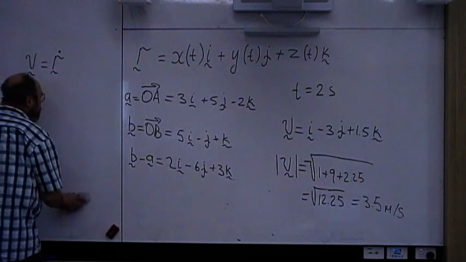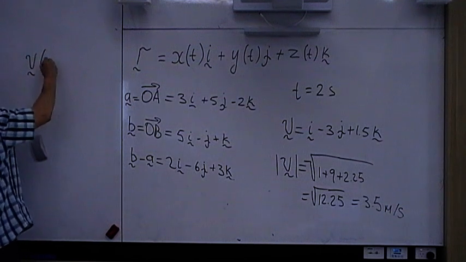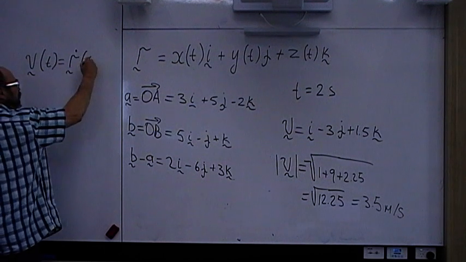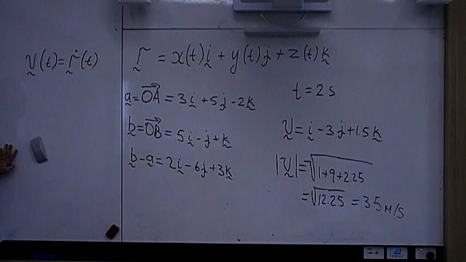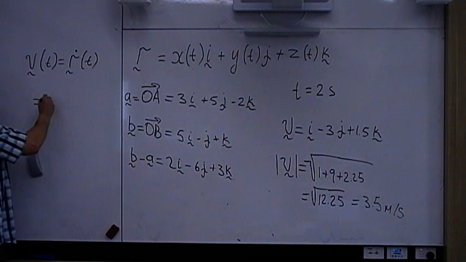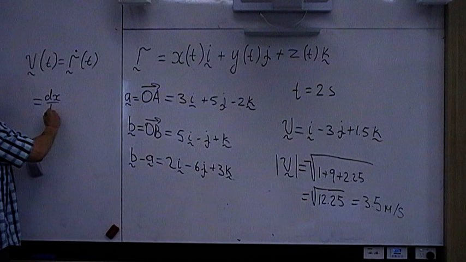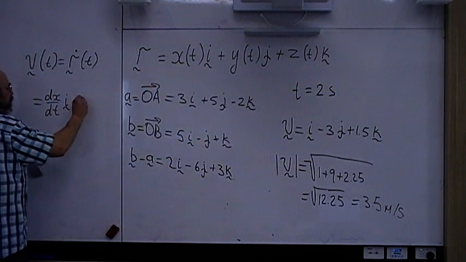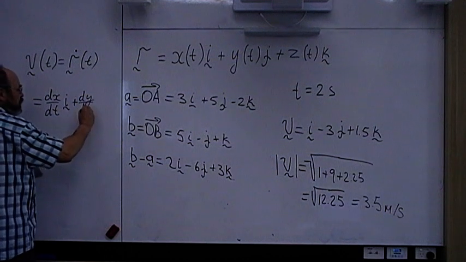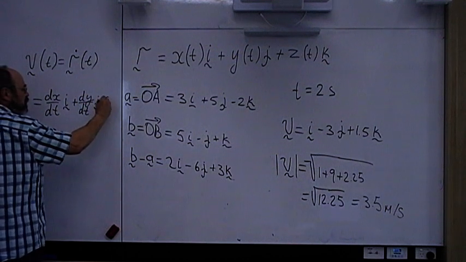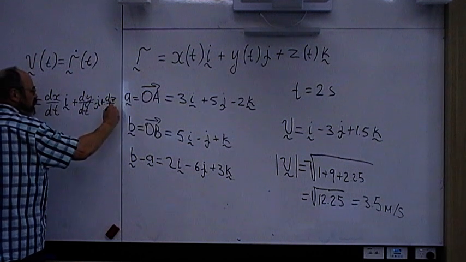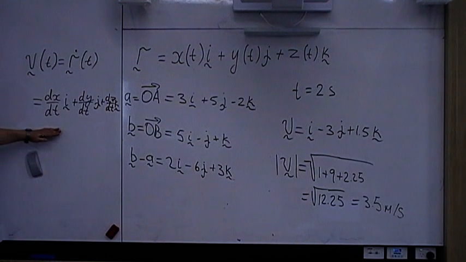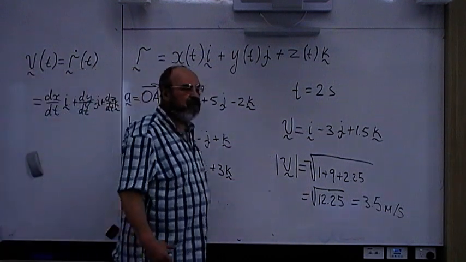So v of t, velocity as a function of time, will be the derivative of the position vector, which will be equal to dx over dt times i plus dy over dt times j plus dz over dt k. That's how we can find velocity if we have the position vector as a function of time.